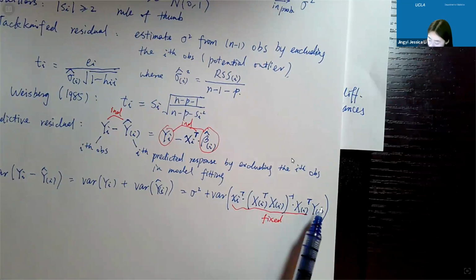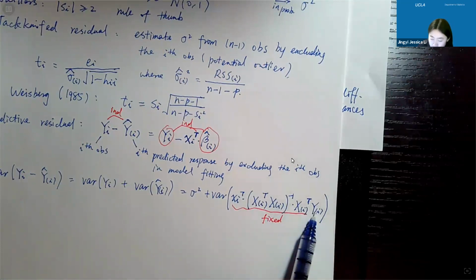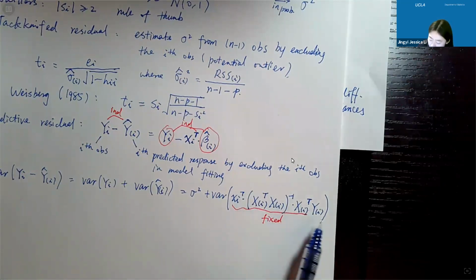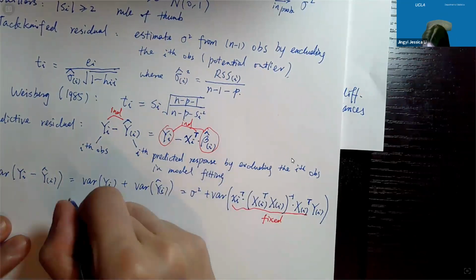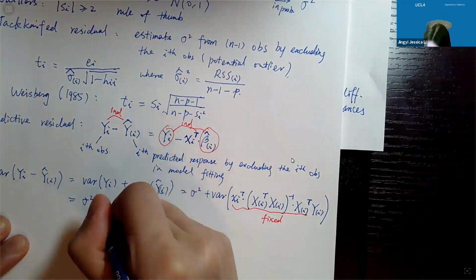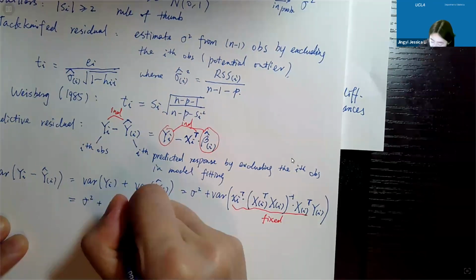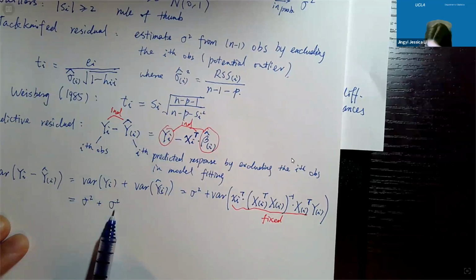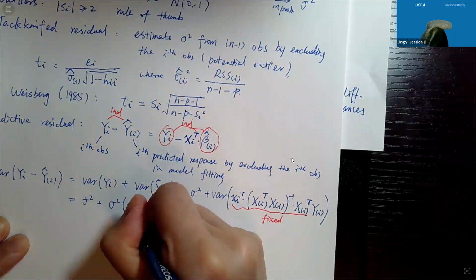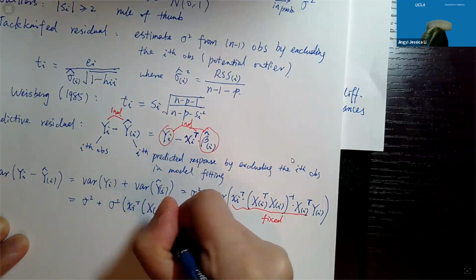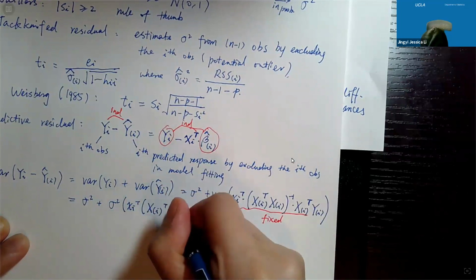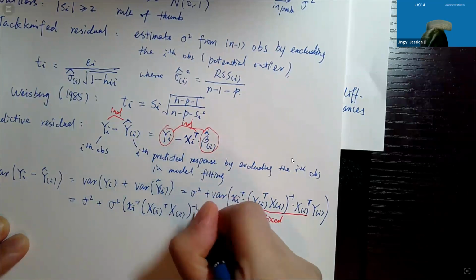and take the variance covariance matrix of this n-1 vector, and also right multiply by the transpose of this part. Finally, after some simplification, this is just equal to: the first term stays, and the second term is sigma squared times xi transpose, xi transpose xi inverse, times xi.